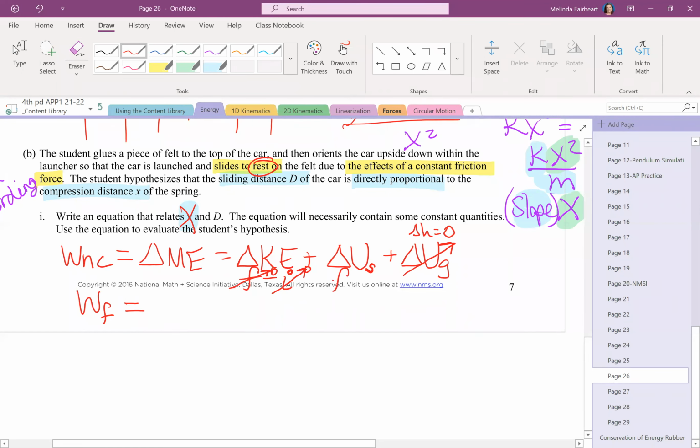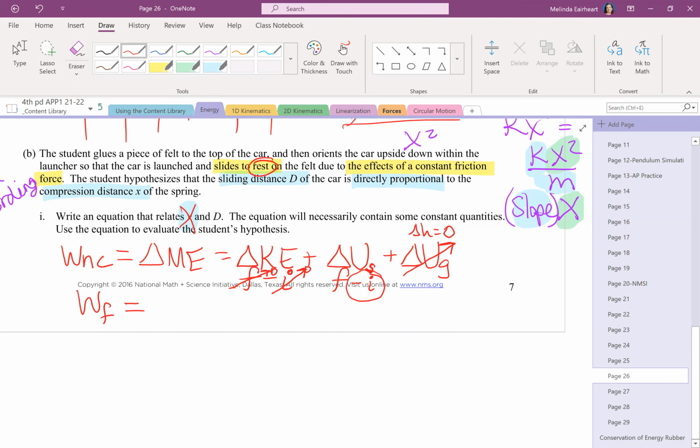What about elastic potential energy? Well, in the beginning, when we're fully compressed, we hopefully recognize you have stored elastic potential energy. So we will have that initial. What about final? When it leaves the spring and slides to a stop, is there any compression?